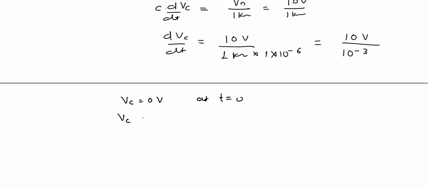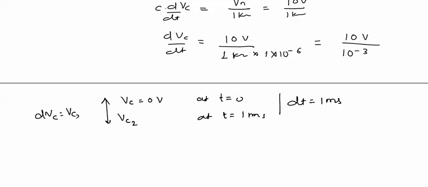Now we have to calculate Vc2 at t equal to 1 millisecond. So we know that dt is equal to 1 millisecond and we want to calculate dVc, which is equal to Vc2 minus Vc, which will be equal to Vc2. So dVc by dt is 10 volt by 10 raised to power minus 3.